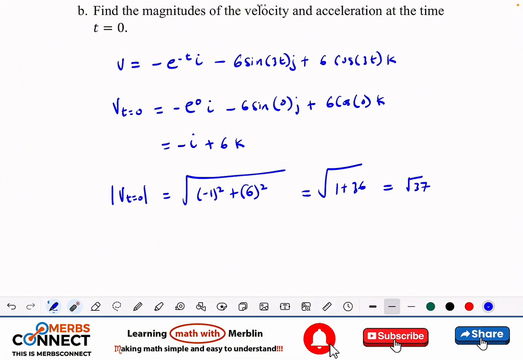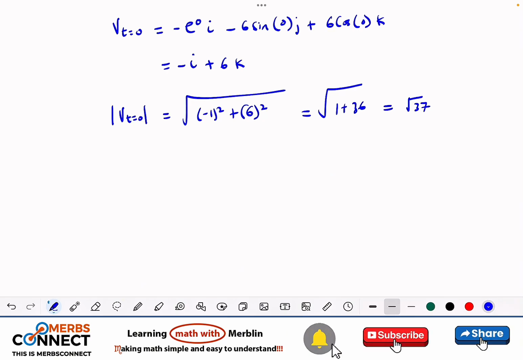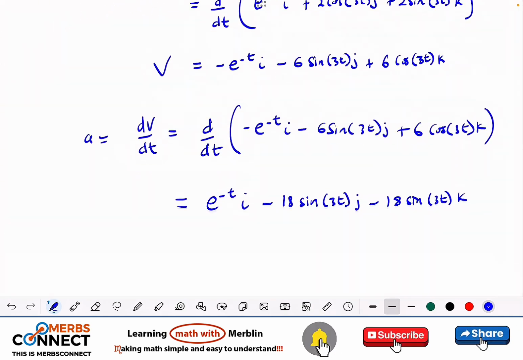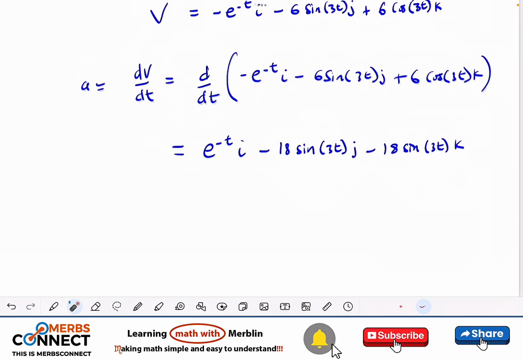Very simple. Now same thing we are going to do with acceleration. So we know that acceleration was equal to e to the power minus t i minus 18 cos 3t j minus 18 sine 3t k. So that's what we had from here.